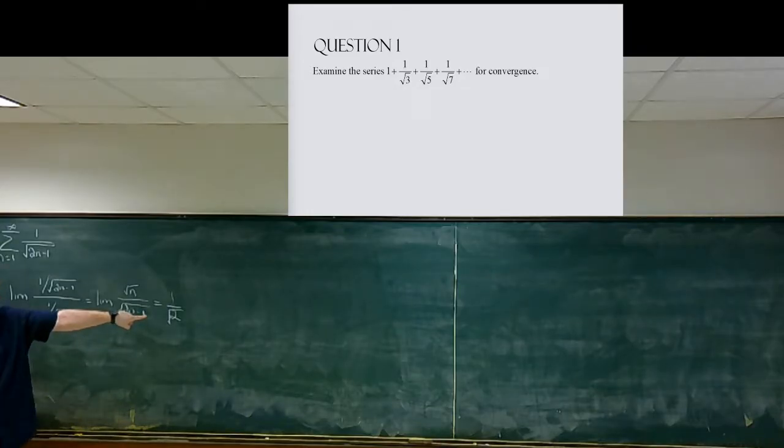Okay. Or treat this as a single square root. Composite function theorem. It's the square root of the limit of n over 2n minus 1. Okay. What's the limit of n over 2n minus 1?